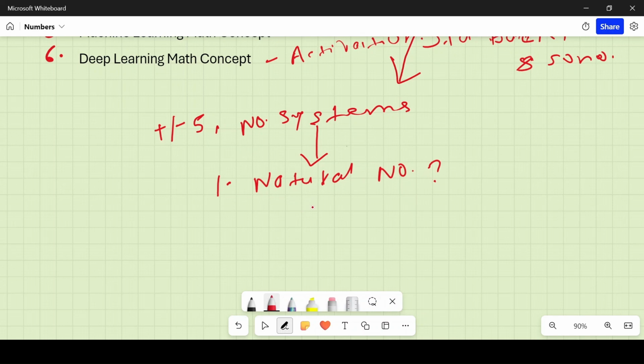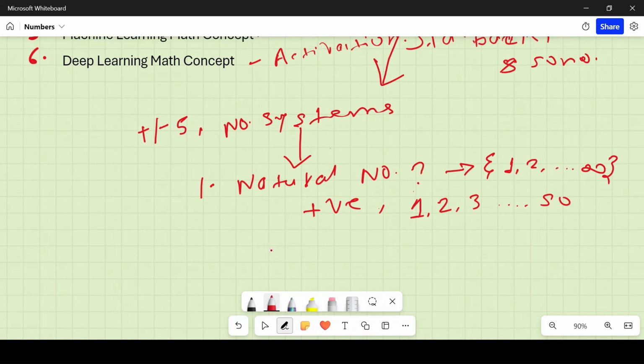Well, a natural number is always positive, and it always starts with 1, and its series looks like 1, 2, 3, and so on. So we can say the natural number series goes from 1 to infinity.